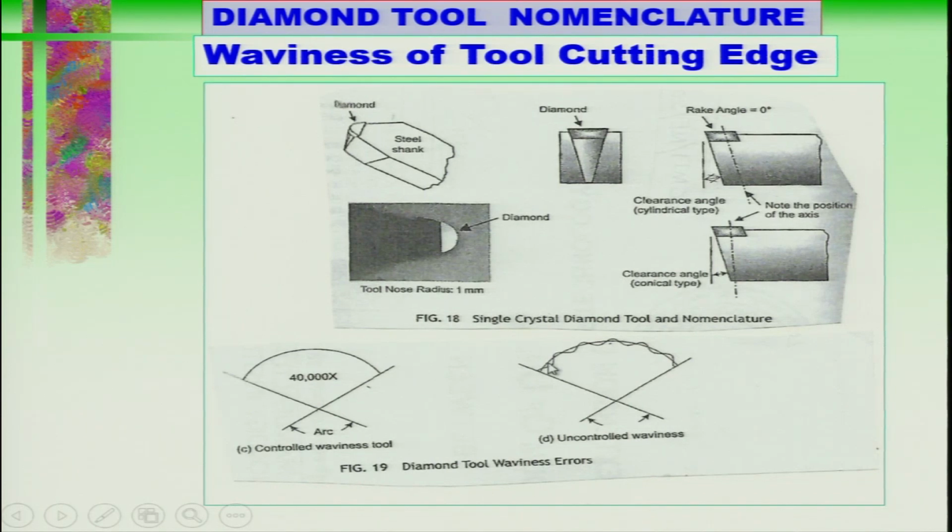So, it should not have uncontrolled waviness like this, rather it should have the controlled waviness like this as far as possible. So, you can see different angles over here. Here is the rake face having the 0 degree rake angle, this is the clearance angle, and again this is the top face, and this is the clearance angle shown in other view.